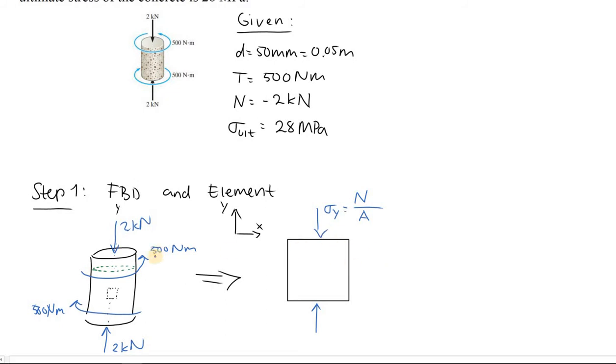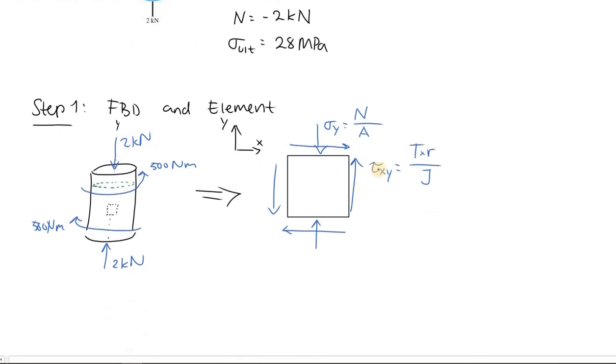But then we also have a shear stress caused by the rotation. Just going to assume that it's positive as such. And then my shear stress, xy, is just my torque times the radius of the cylinder divided by my rotational moment of inertia.